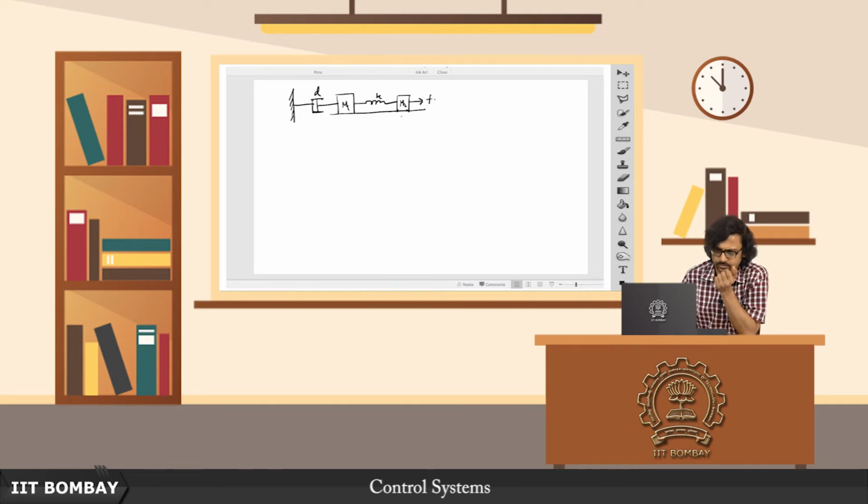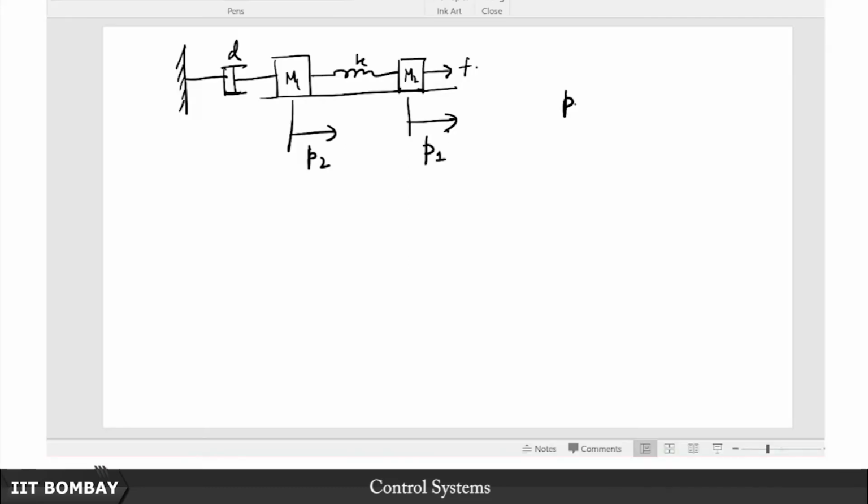Well, of course this you call as the position of the first mass, and this you call as the reference point and the position of the second mass P2. So we have P1 and P1 dot and P2 and P2 dot, which will appear in our dynamics. How so? Let us see.